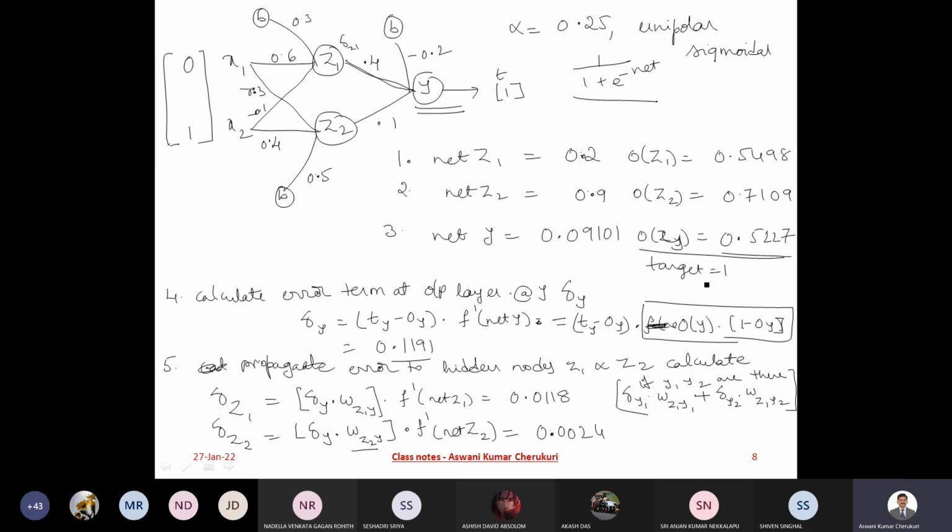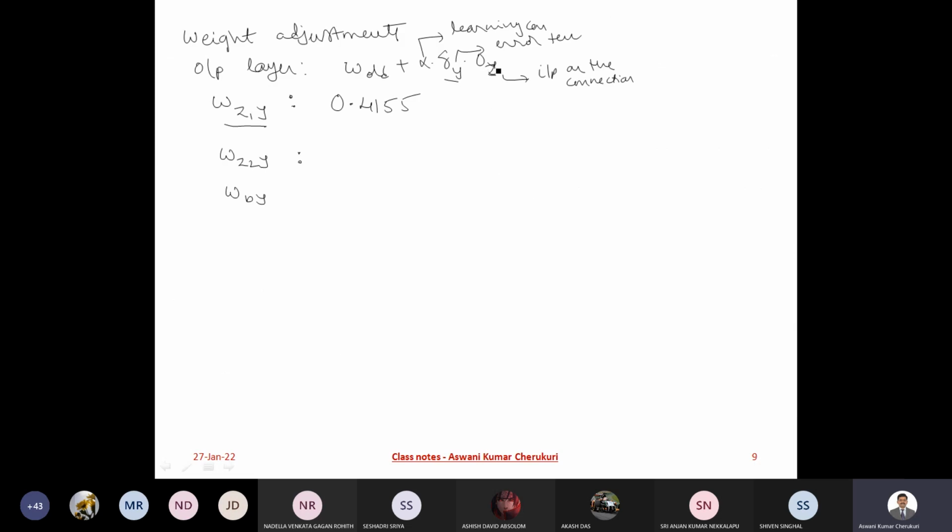Yes, sir. The output from Z1, that is 0.5498. Though I write here output, this is the output from the previous layer coming as an input over the connection. Please get that clarified, this is not OY.